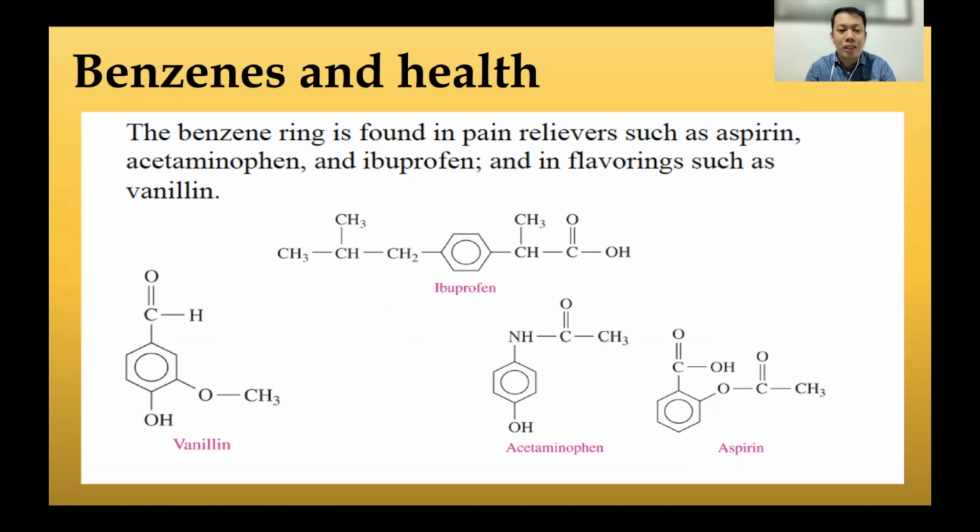So you have there the chemical structure of ibuprofen with a benzene ring at the middle, vanillin, acetaminophen, and aspirin. So these are all pain reliever drugs that consist of benzene in their structure.